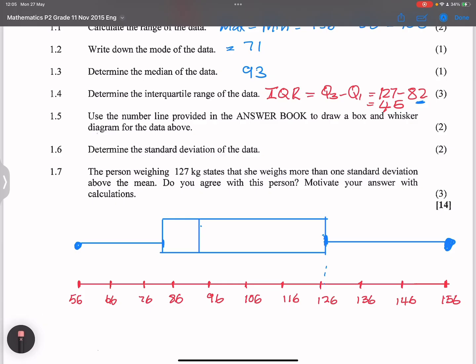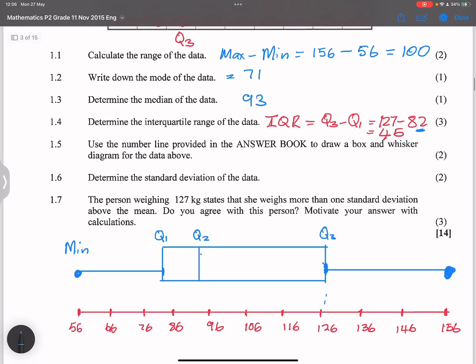And this is going to be Q1 over here. This is going to be Q3. This is Q2, also referred to as the median. Okay, so in this case, we can actually comment about the skewness of the data, looking at our box and whisker plot.